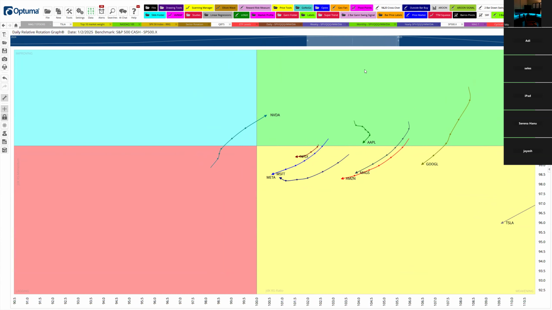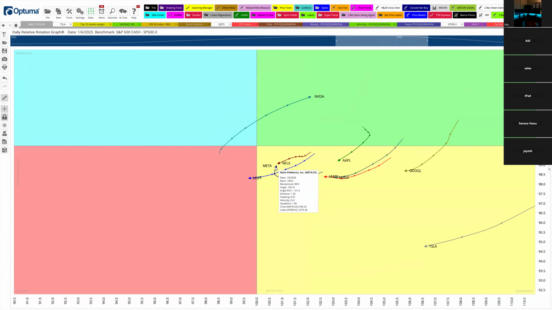You can see them all starting off with a loss of momentum, except for NVIDIA, and we were long NVIDIA at that time. I know we had that trade, and it looked like Meta just doesn't want to push here. But after a couple of days, the first one started to form the hook back up.